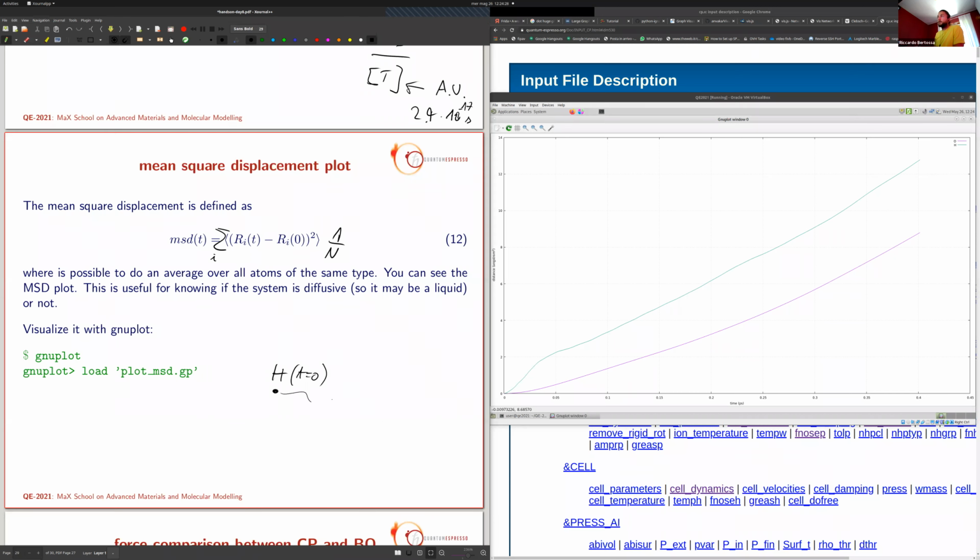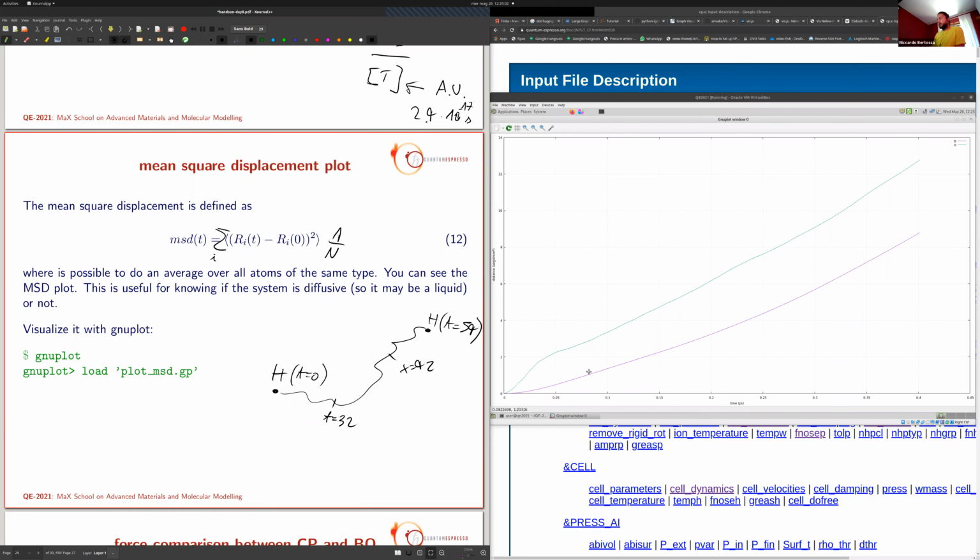Then this atom goes away during the trajectory. You have t equal 32, t equal 42, whatever, and you are here now. And the mean square displacement is simply the difference between the position at every given time and the initial position, squared, and you get this plot here.